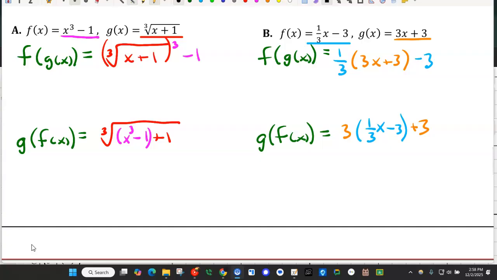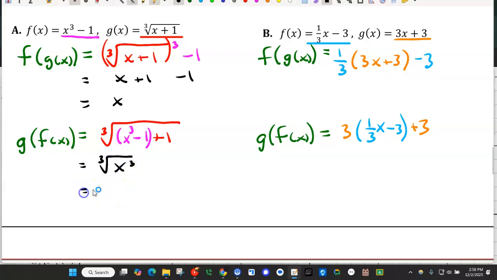All right, so for A, the first one, you saw that this simplified. The cube root with a cube just simplifies to whatever's inside. And then we have the +1 -1, so we just get x. And over here, the inside, which is x cubed -1 + 1, just simplifies to cube root of x cubed.